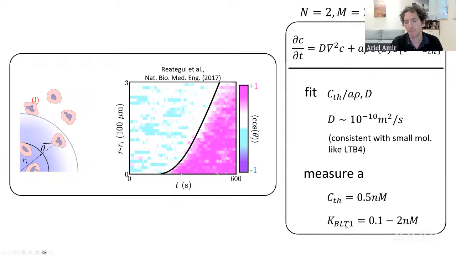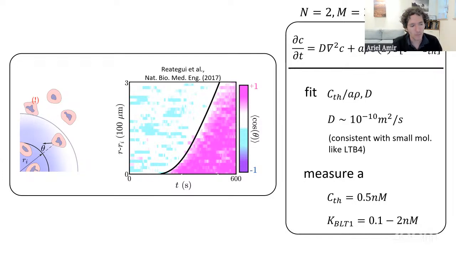BLT1 is the LTB4 receptor, and it has a dissociation constant very similar to what we infer from analyzing these experiments. It's still not a direct proof of these, what we call diffusion relays, but I'll get to that later in the talk.